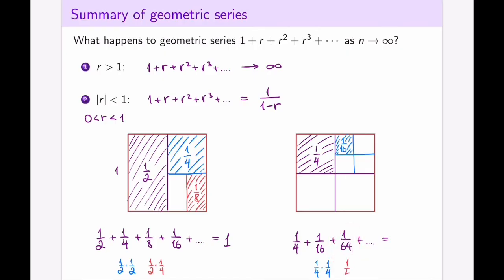So I'm going to simply repeat this process in the next available little square. 1/64 and so on. So now, again, it's clear that I'm never going to be able to escape the square because I just keep drawing smaller and smaller squares here.